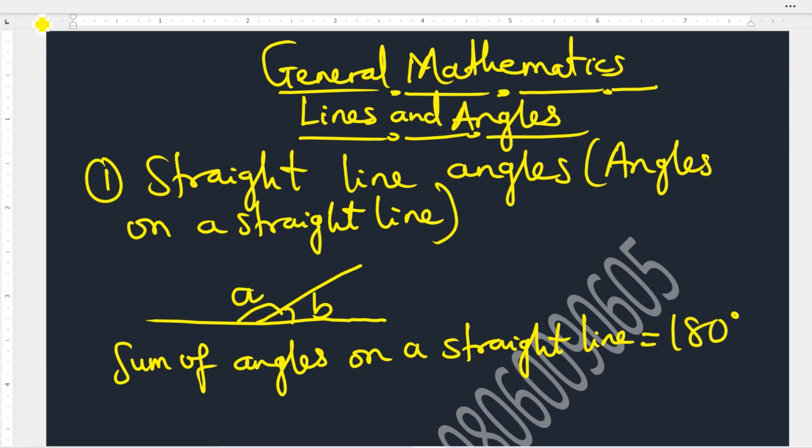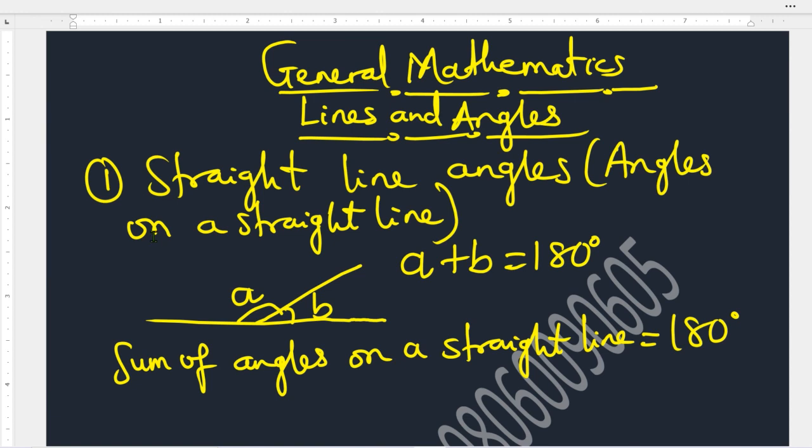So if the sum of angles on a straight line is equal to 180 degrees, based on the straight line that we have here, that means A plus B is equal to 180 degrees. That's the meaning.